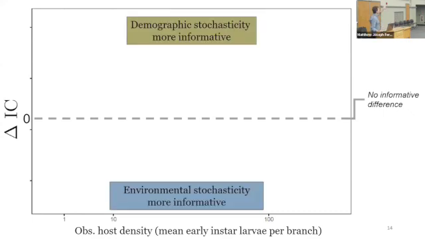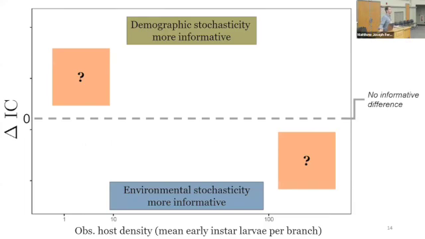And in the middle here, where we would have no informative difference between the models, in smaller populations, we may expect that demographic stochasticity would offer more explanatory power, and environmental stochasticity would offer more explanatory power in larger populations, with possibly no difference in between, but we're not going to make any claims about that prior.